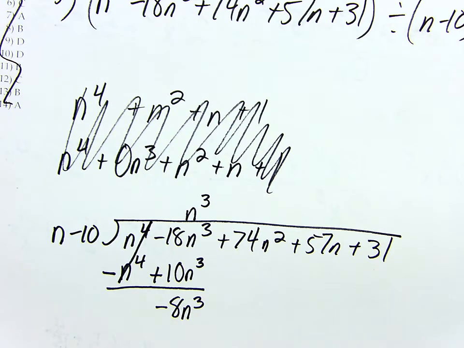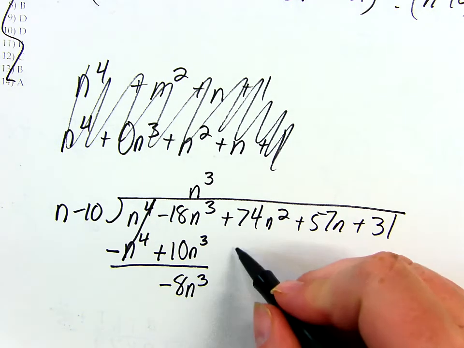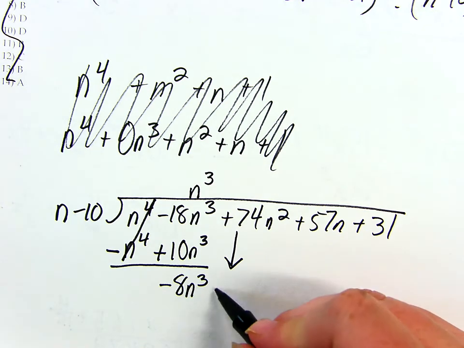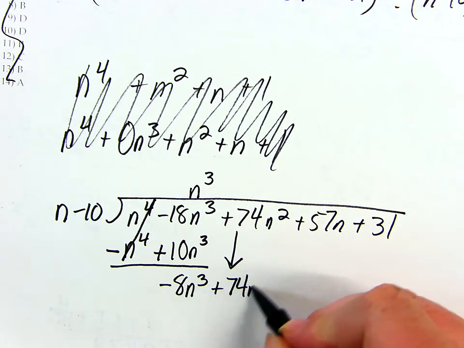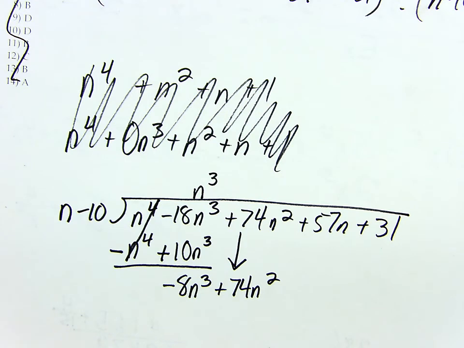You follow me so far? Everybody's okay? All right. And now, in numbers, what did you normally do after you subtract? You bring down the next number. Same thing. So I'm going to bring down the next term, plus 74n squared. And then, guys, you just keep repeating this process.